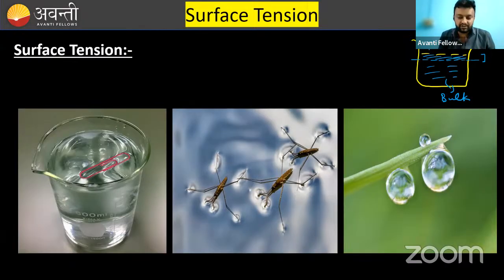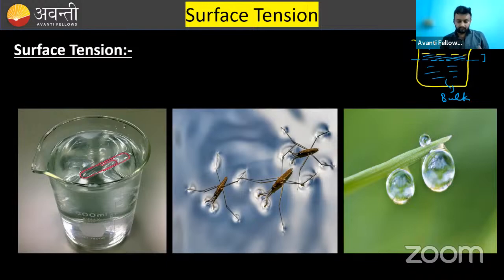So what is surface tension? Listen to me very carefully. I will give you a written definition of that as well. First of all, you have seen the phenomena associated with surface tension. Surface tension is a property of the liquid surface.